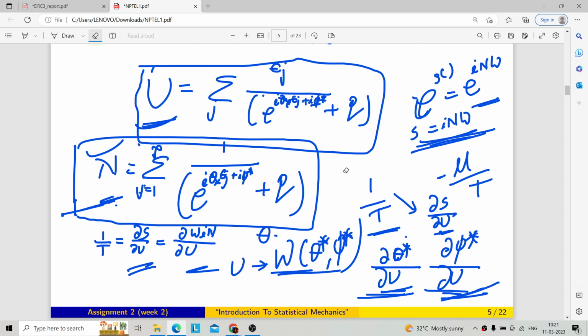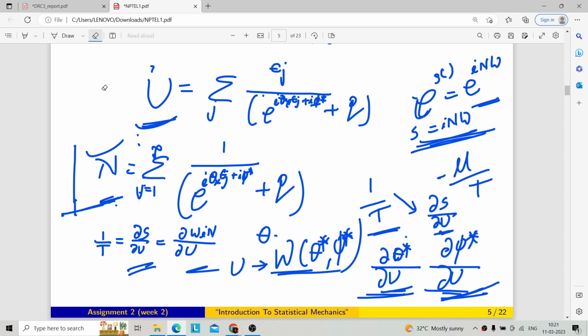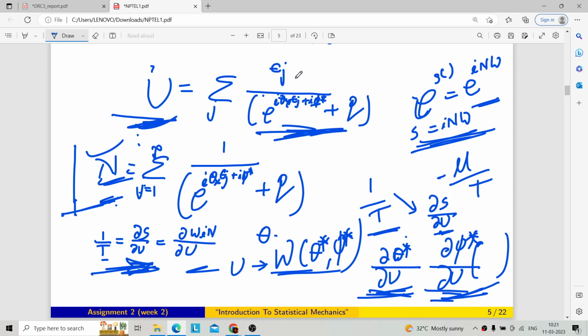So we derived the form for u and n in terms of theta and w. Then when you try to find out the temperature by doing this derivative, you will get some forms like this, and with this you will have some coefficients like this, some summation epsilon over 1 epsilon over this exponential plus q and some function like this.